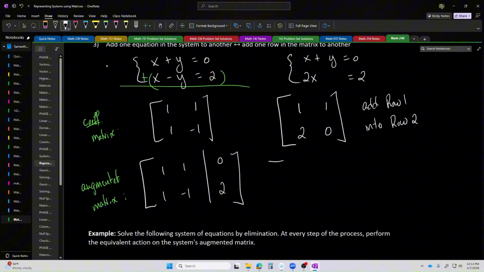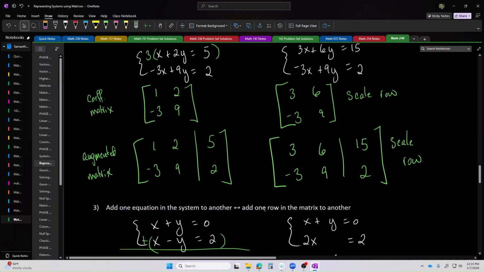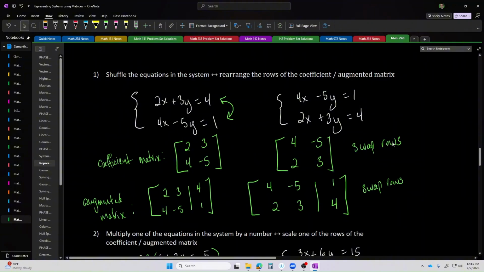And the corresponding effect would be again to add the first row into the second row. 1, 1, 0, 2, 0, and 2. Add row 1 into row 2.